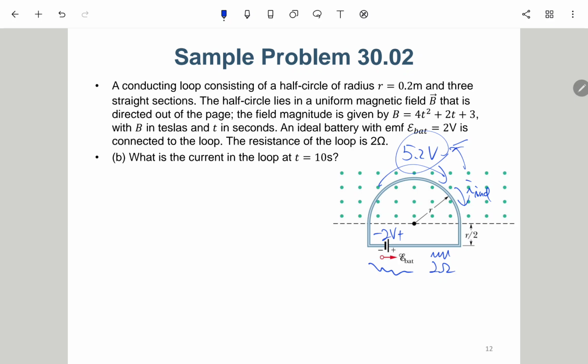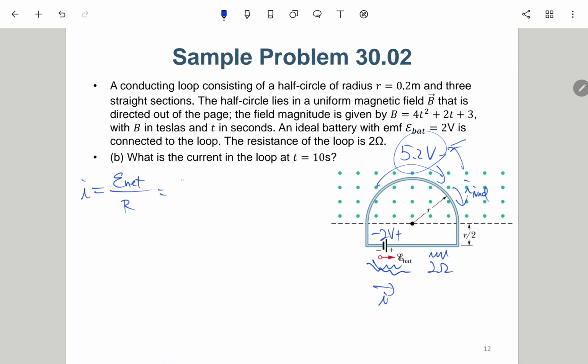But if you just ignore the induced EMF first and consider only this loop with this battery, the current generated by this battery will be counterclockwise. So the net EMF over the whole loop should be a subtraction: E induced minus the E battery, over R. So it will be 5.2 minus 2 over 2.